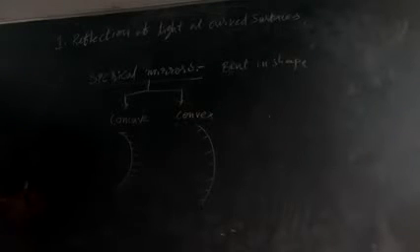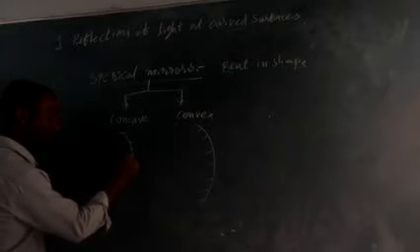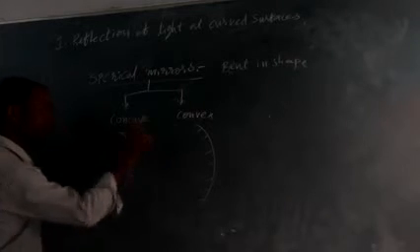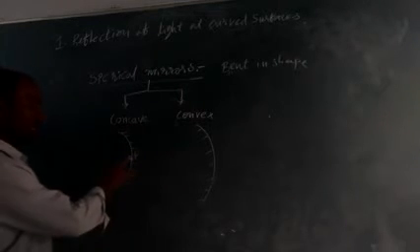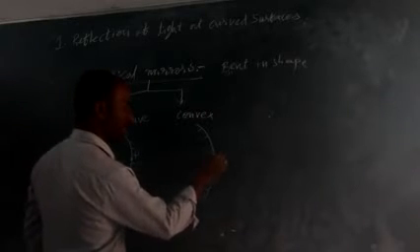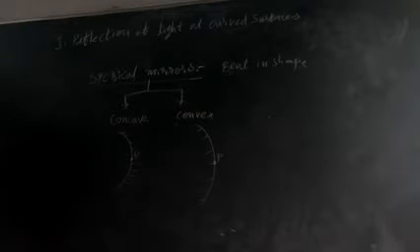Some terms are involved in this. What are those terms? The midpoint of the mirror is called the pole, denoted by P. In the convex mirror too, the midpoint of the mirror is the pole.